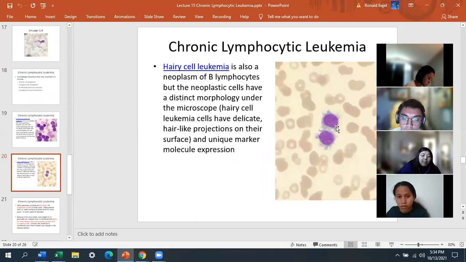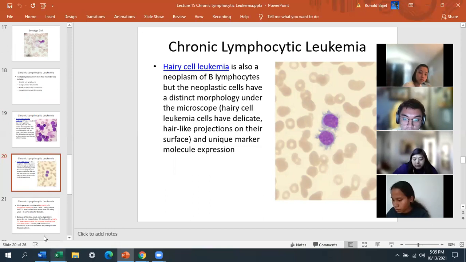This is hairy cell leukemia. The reason why it's called hairy cell leukemia is because the cytoplasm looks a little hairy, like it's not really smooth and circular. One way to diagnose that hairy cell leukemia is present is to do a stain called tartrate resistant acid phosphatase.